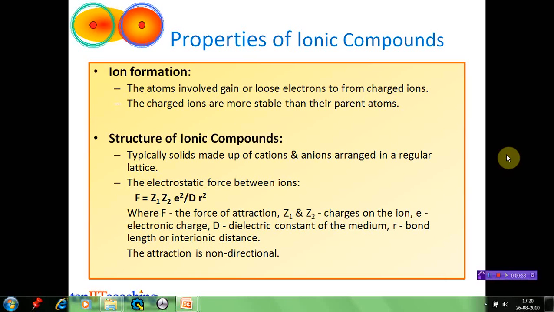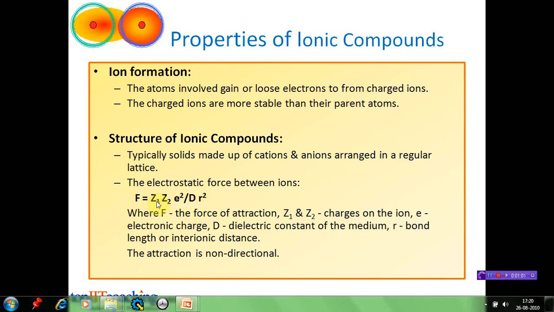The second property is the structure of ionic compounds. Ionic compounds are typically solid and made up of cations and anions, which are arranged in a regular way in a lattice. The attraction between ions is electrostatic and is given by the formula F = Z1 Z2 e^2 / D r^2.